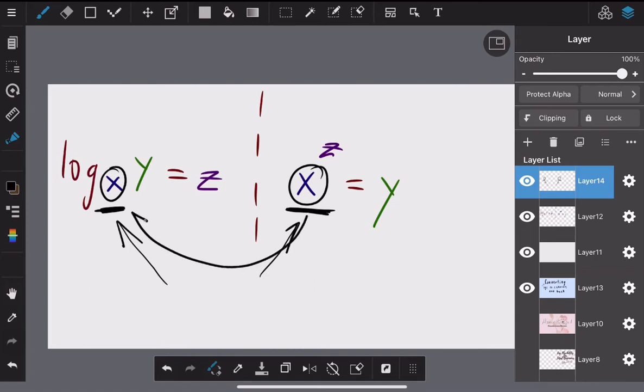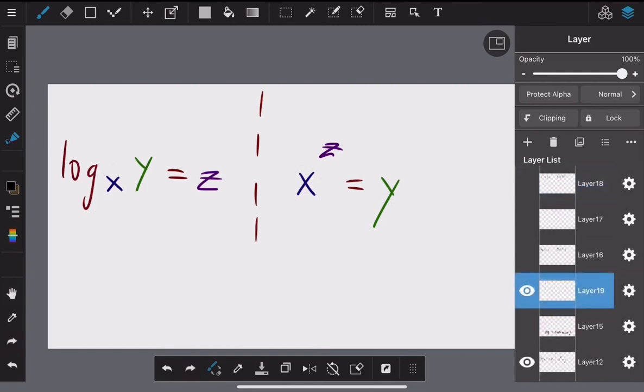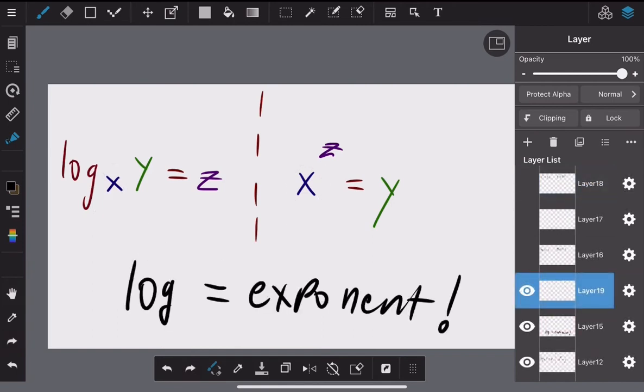and vice versa. The next thing you need to know is that a log is an exponent. The log equals the exponent. So let's take a look at the exponent in the exponential equation. It's right here. It's that number that the base is being raised to.